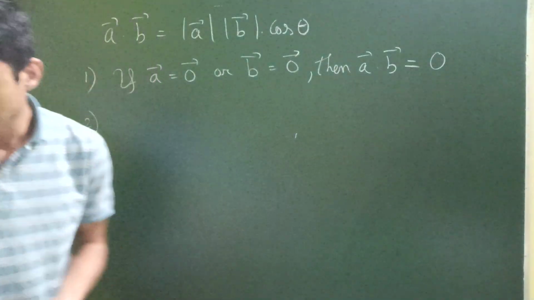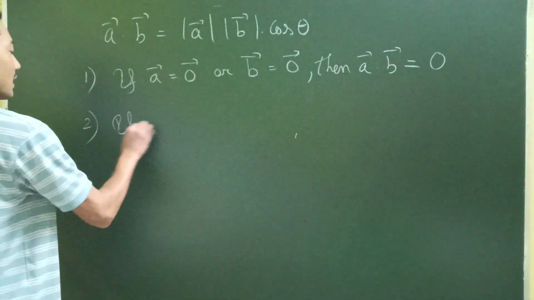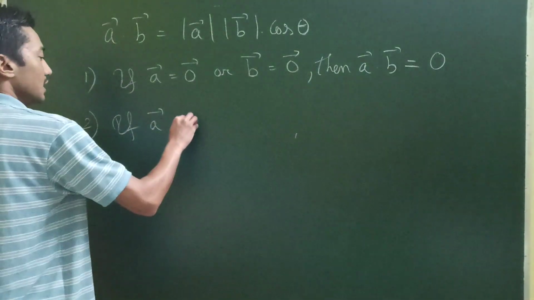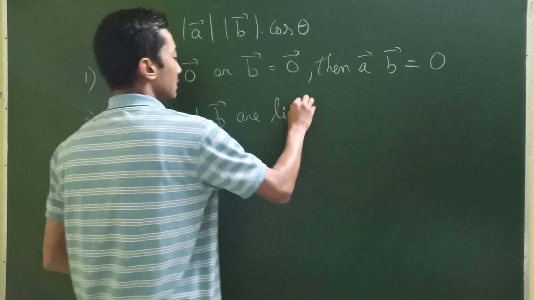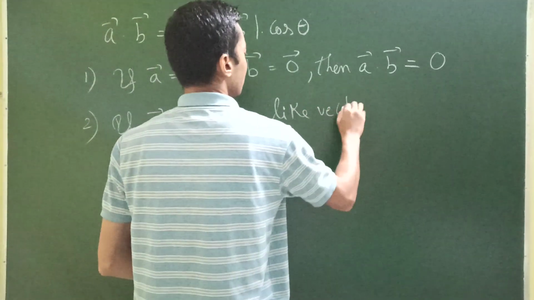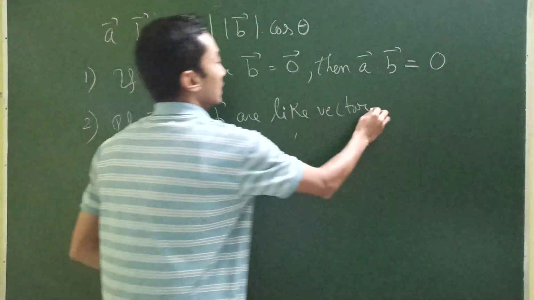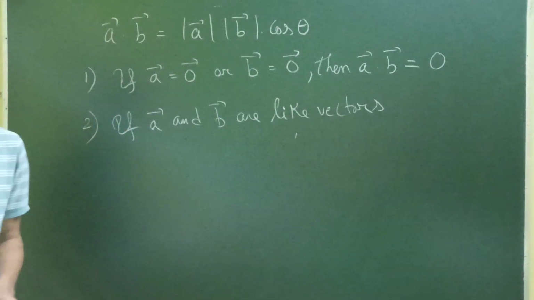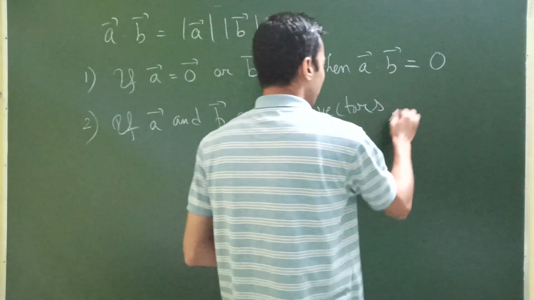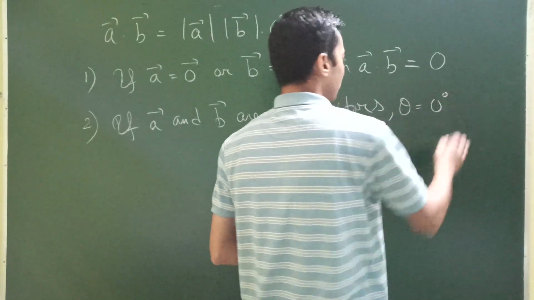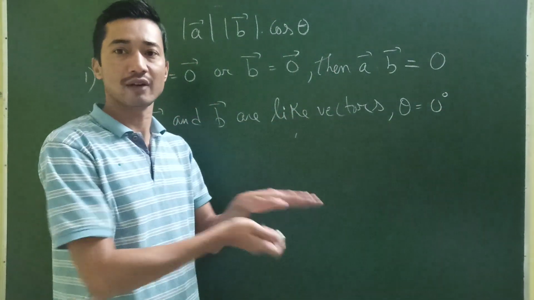Second condition, I hope you're writing down the notes, if vector A and vector B are like vectors, if you remember, theta is equal to 0 degree, parallel in the same direction.